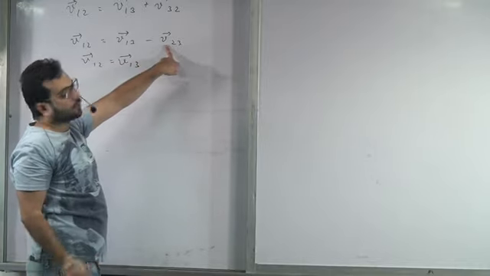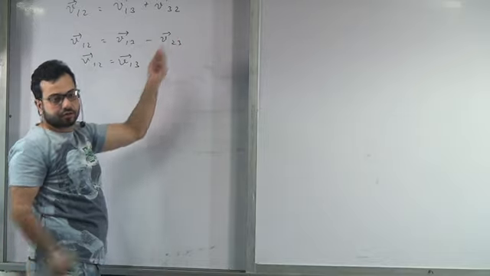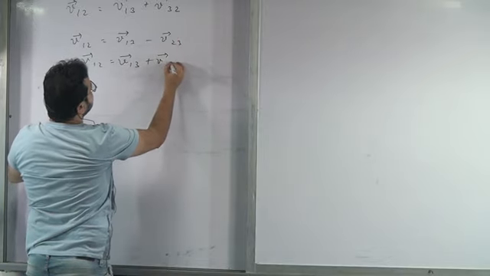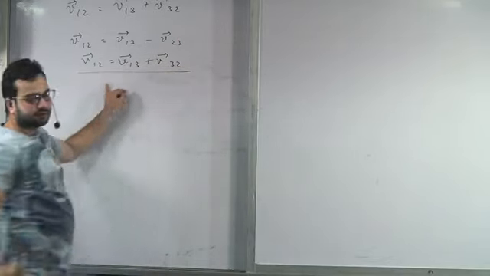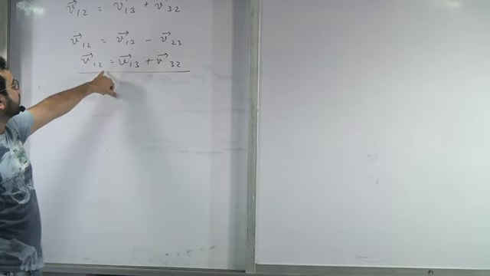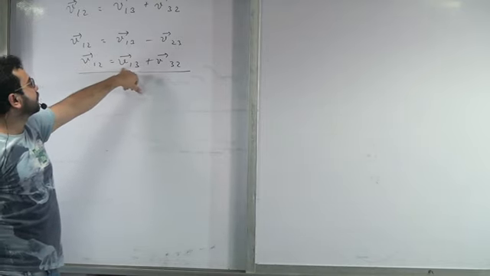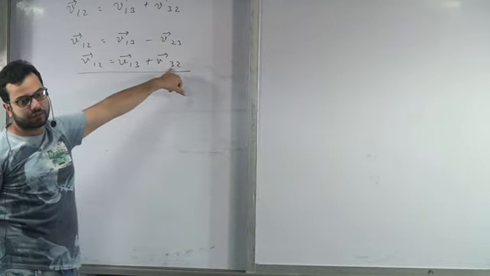And then velocity of 2 with respect to 3, can I write it as negative of velocity of 3 with respect to 2? So this will become plus velocity of 3 with respect to 2. Is that clear?